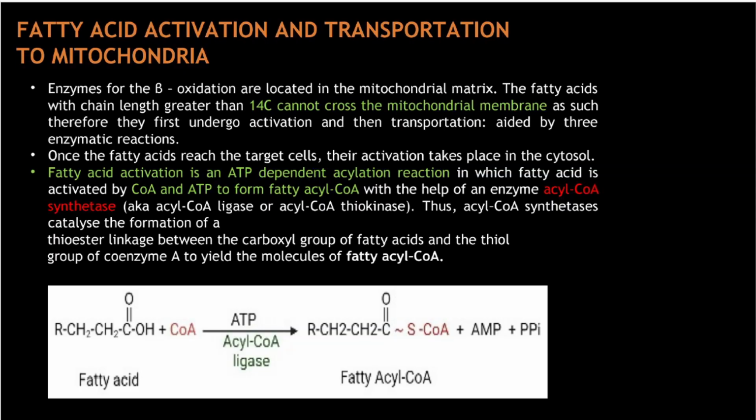So the fatty acids with chain length greater than 14 carbon cannot enter the mitochondrial membrane as such. Therefore they first undergo activation and then transportation, for which enzymatic reactions and enzymes are involved.